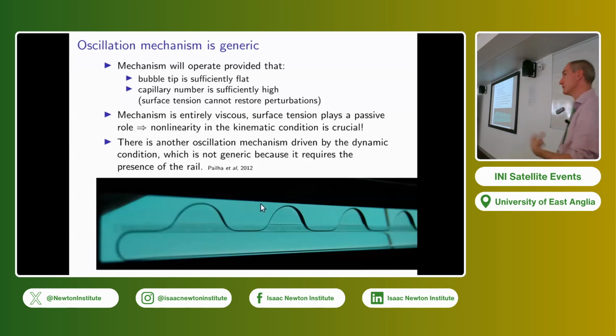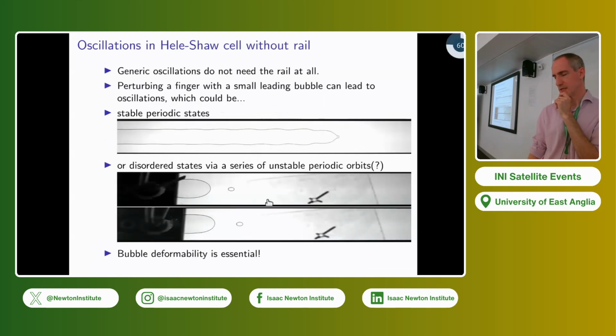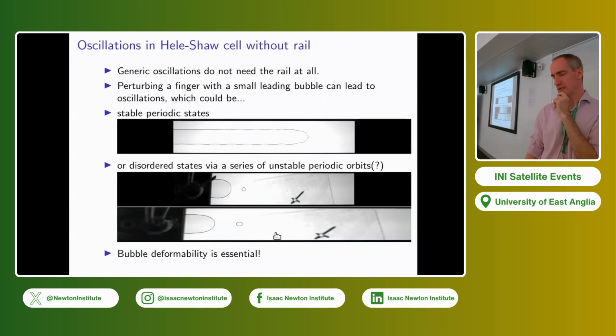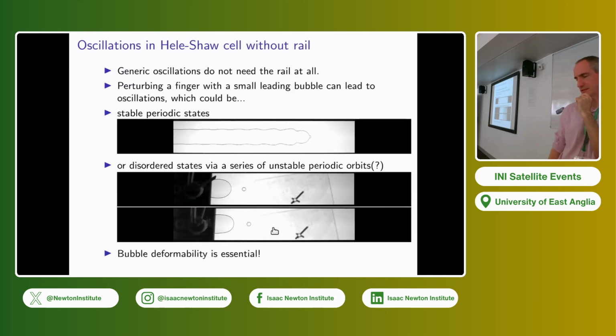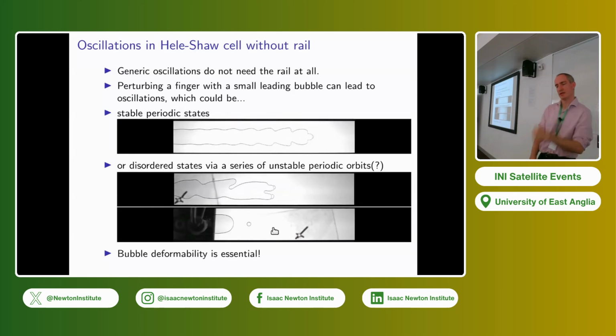There was another instability that we found many years ago where it's really driven by the change in curvature that's induced by the presence of this rail. And what that means is that it will work.